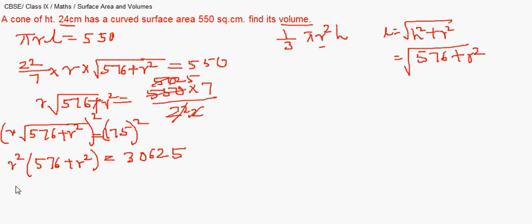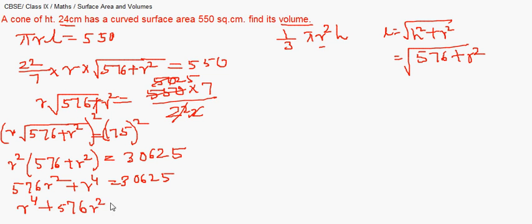So we are getting 576 r square plus r to the power 4 is equal to 30625. Now let us rearrange. So it is r to the power 4 plus 576 r square minus 30625 is equal to 0. So we have to now factorize and solve this out.